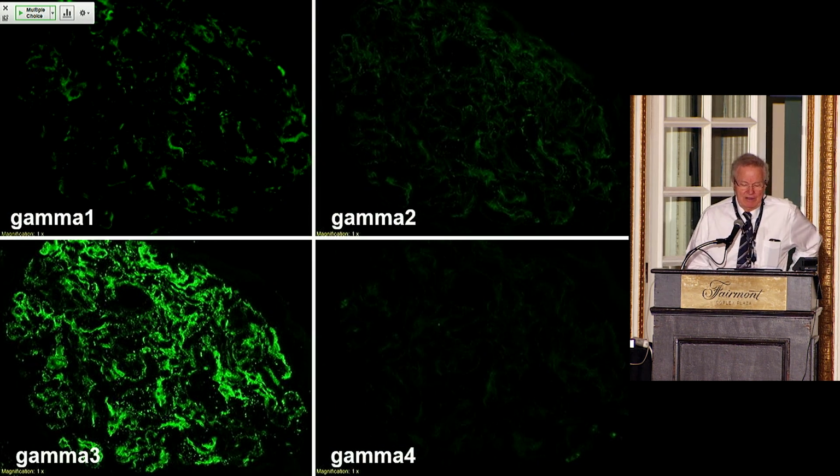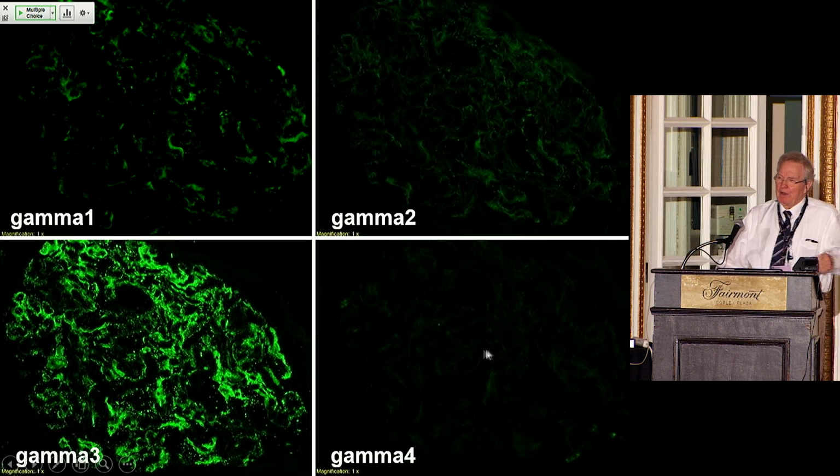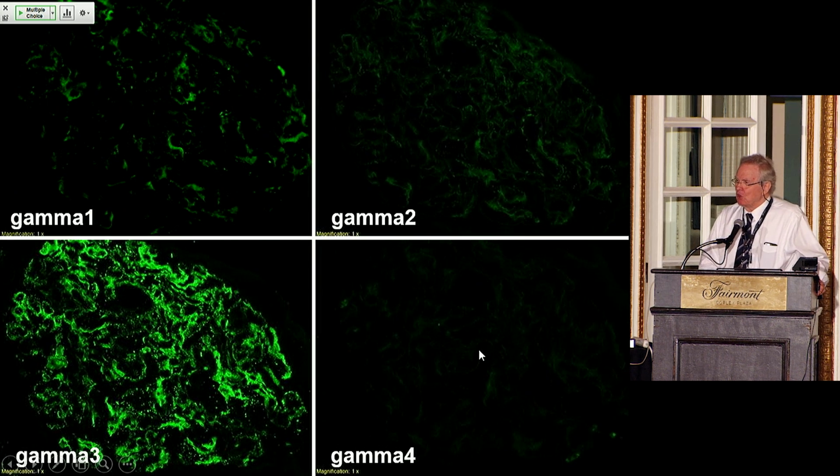In the subclasses of IgG, you can see that in this case, it's a gamma 3 and not 1, 2, or 4 that is deposited in the kidney. So you have not only the evidence on the basis of the light chain, one and not the other, but also on the basis of the heavy chain, that this is an IgG3 kappa monoclonal immunoglobulin deposition disease with a membranoproliferative pattern of injury.